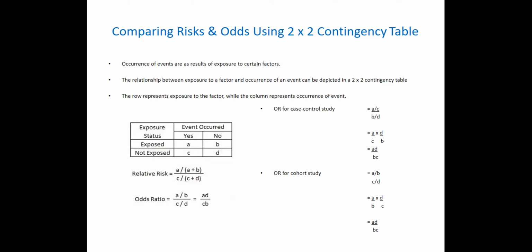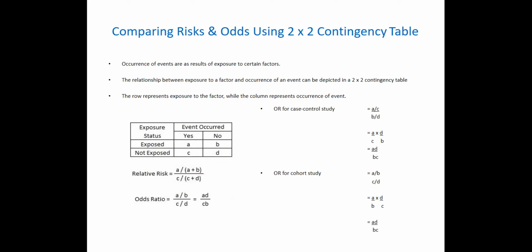So the relationship between exposure to a factor and the occurrence of an event can be depicted in a 2x2 contingency table. If somebody is sick, and there's a factor that might have occurred in the past that resulted in it, how do you create a mental picture of the relationship between the exposure, what happened in the past, and the disease?